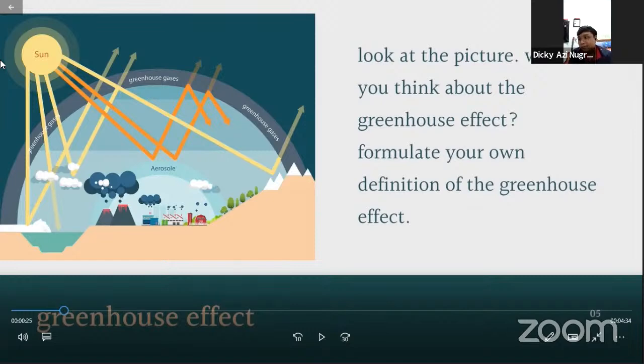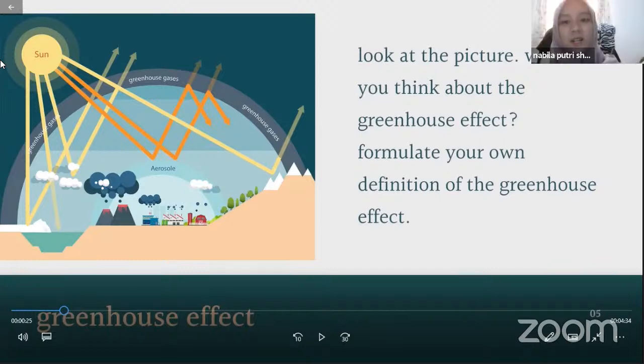For example, a greenhouse uses glass, so the light will be reflected by the glass and go to the plants. It's also the same in this area of the earth. We have the atmosphere. That atmosphere is like the glass of the greenhouse. That's why the atmosphere reflects the light from the sun back to the earth, not going straight up to the atmosphere again. That's what I know about it.